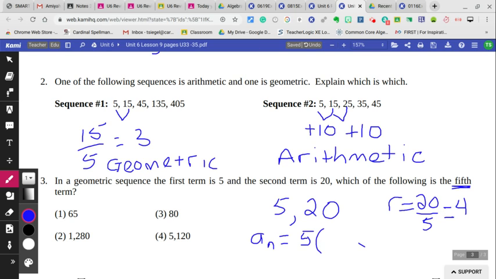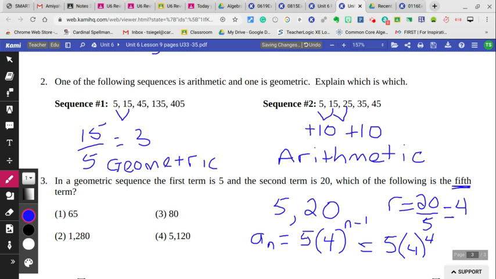So this is 4 raised to the power n minus 1. So this is going to be equal to 5 times 4 raised to the 4th power.